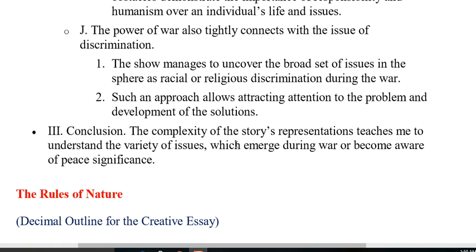The complexity of the story's representations teaches me to understand the variety of issues which emerged during the war and become aware of the significance of peace. Basically, it's a social report written about a story that uncovers the dilemmas and strategies of war and help. Fine.